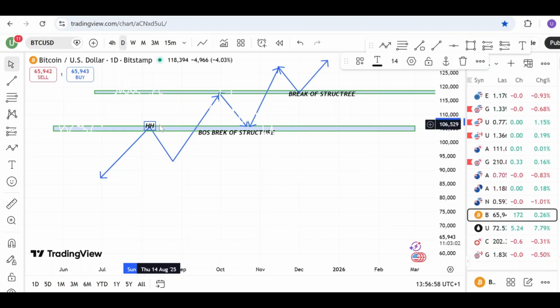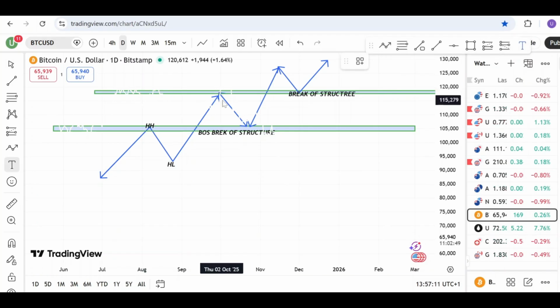This is higher high. This is higher low. Higher low. This is higher high. This is higher high.